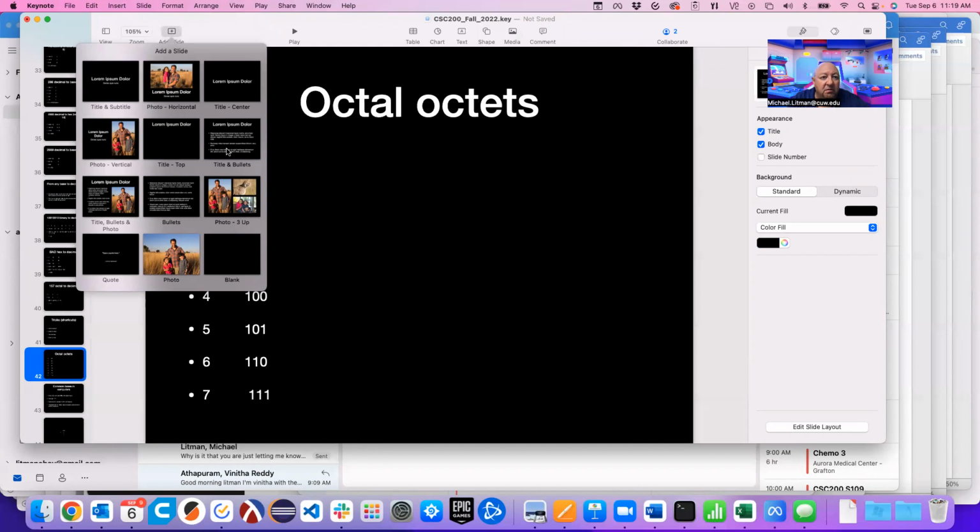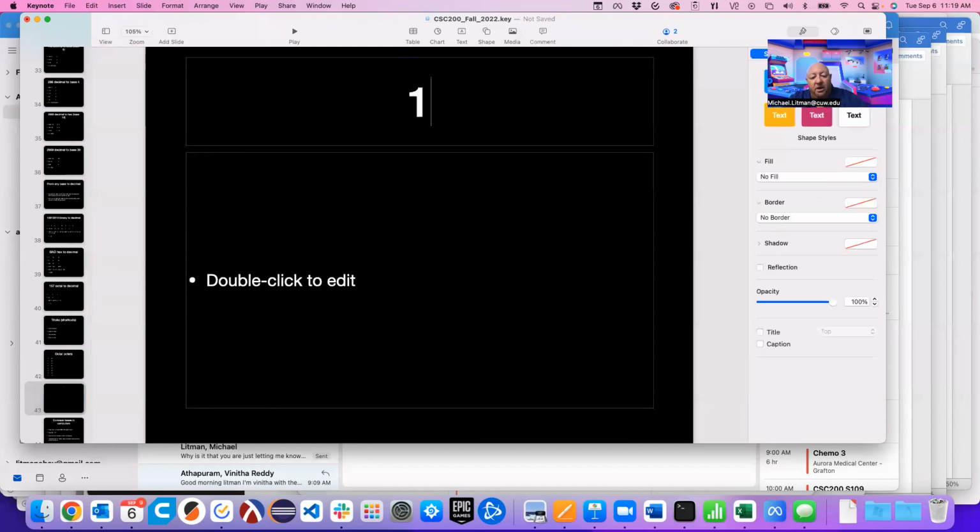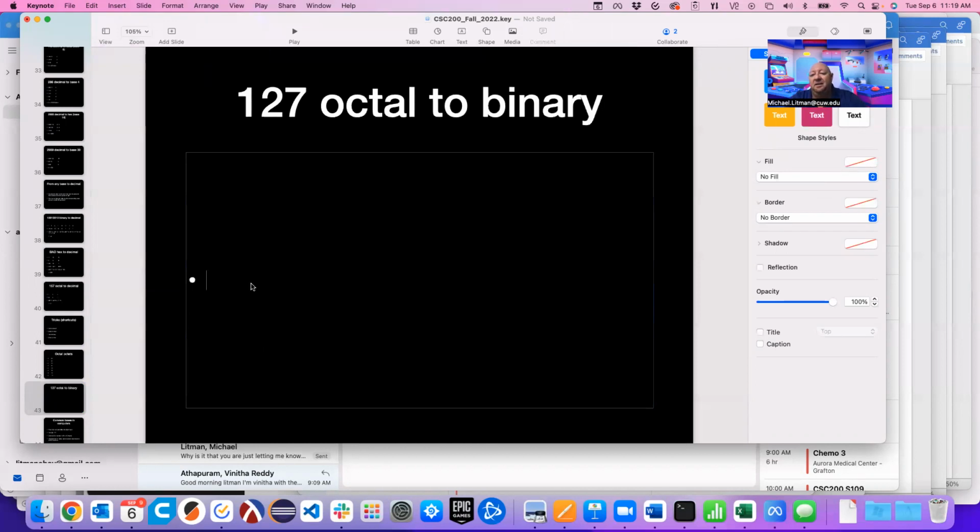It doesn't matter. If I have 127 octal to binary, I can write it as, so this is a 1, a 2, a 7. So this is 0, 0, 1. This is 0, 1, 0. This is 1, 1, 1.